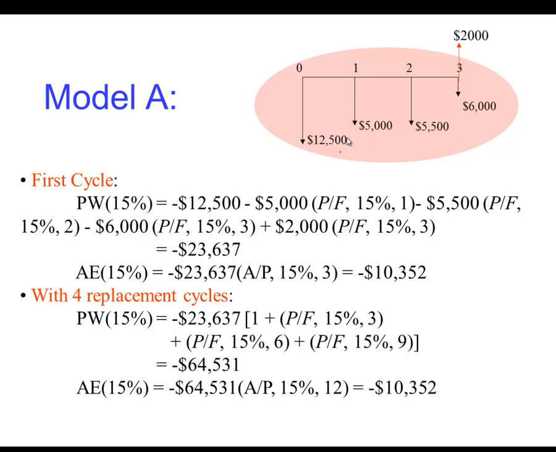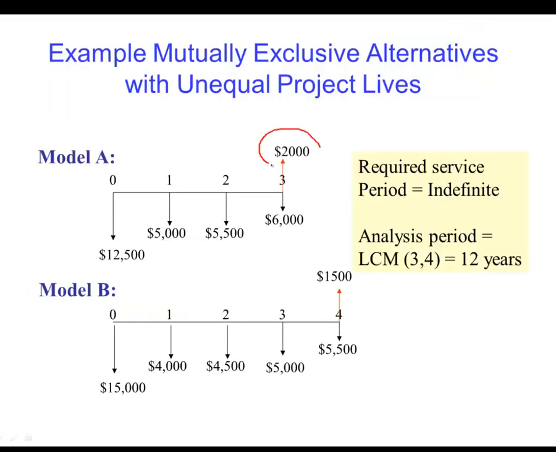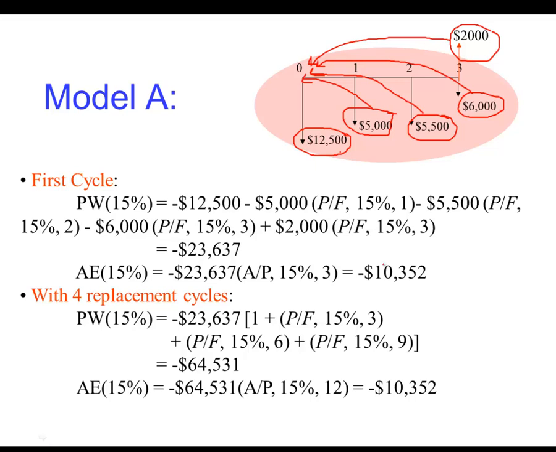So we are going to keep the $12,500 at 0.0, then bring the 5,000 to 0.0, then the $5,500 to 0.0, then the 6,000 to 0.0, and then the 2,000, which will be future value, the salvage value for that model.